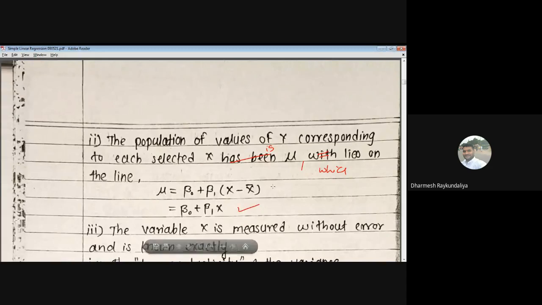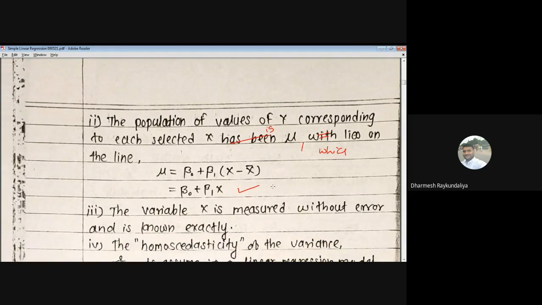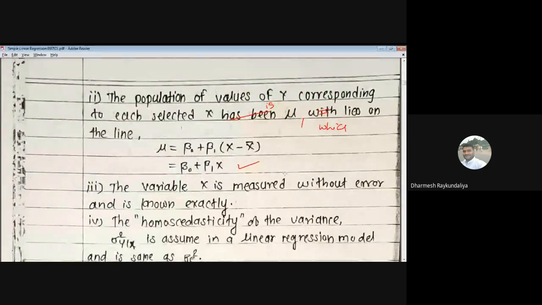So the relation between y and x is beta 0 plus beta 1 x. The variable x is measured without error and known exactly. So these are the assumptions. The relation between y and x is linear, and the expected value of y given x equal to x is mu, given by beta 0 plus beta 1 x.